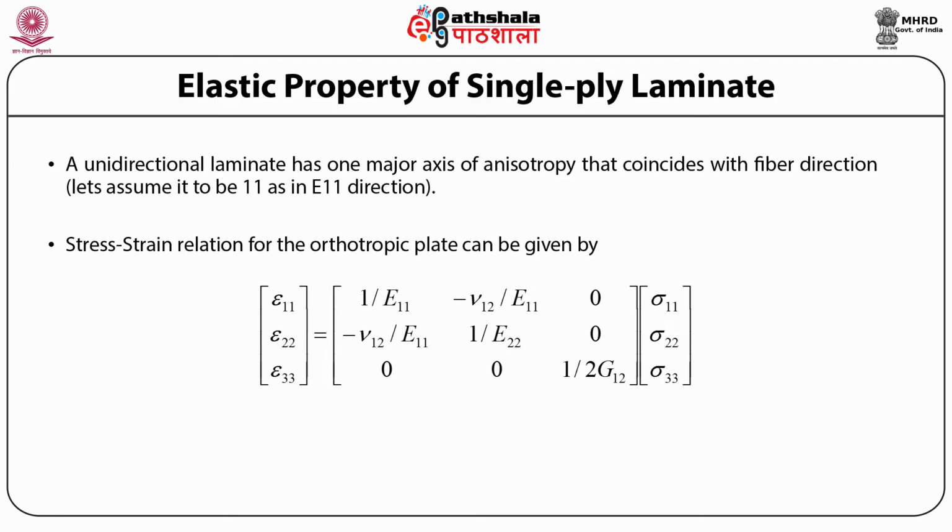The stress-strain relation for the orthotropic plate can be given by the tensor of epsilon 11, epsilon 22, epsilon 33 equal to the 3 cross 3 matrix, where the first element is 1 by E11, minus nu12 divided by E11, 0, minus nu12 divided by E11, 1 by E22, 0, 0, 0, 1 by 2 G12, and this matrix multiplied by the matrix of sigma 11, sigma 22, sigma 33, where minus nu12 by E11 is equal to minus nu21 divided by E22.